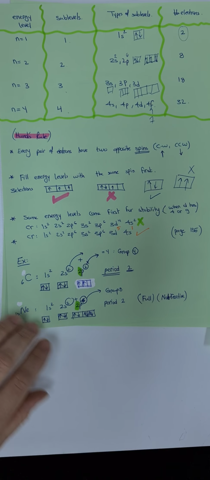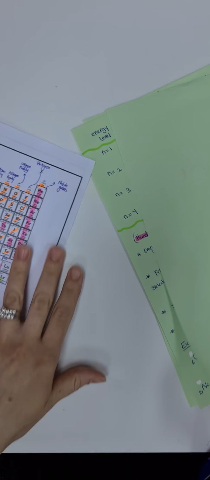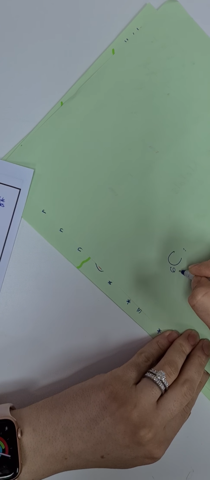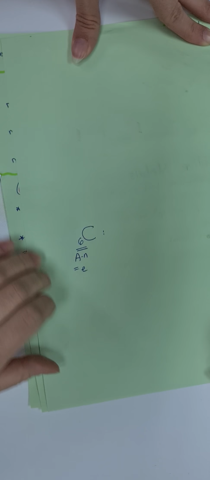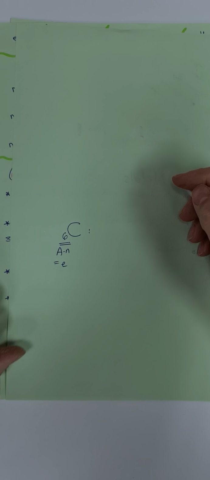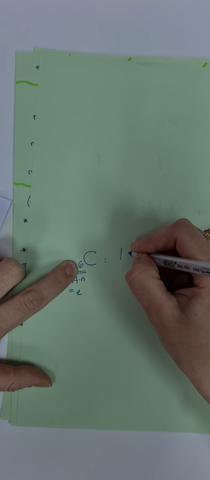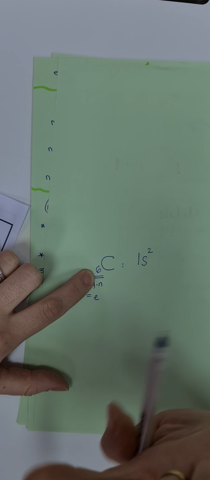Now, let's take a certain example: carbon 6. You know that 6 is the atomic number, and the atomic number is the same as the number of electrons for a stable atom. Because it's 6, I will start. The first one is n equals 1. Then we have S, so I can put 2. How many electrons remain? 4.